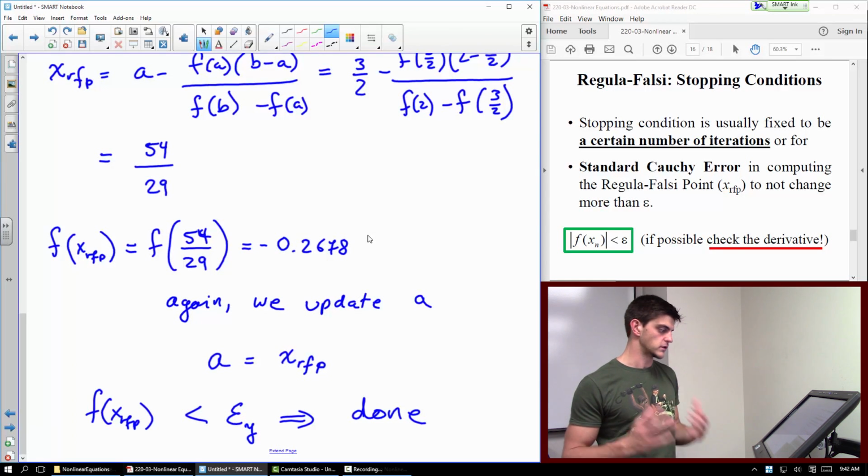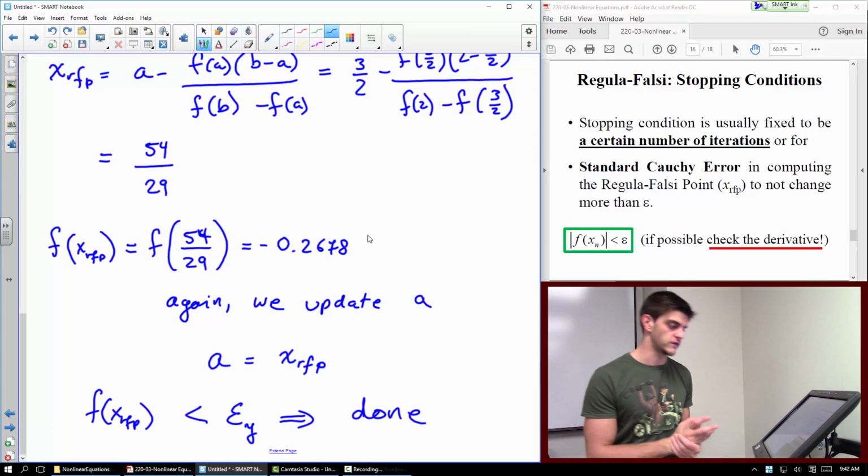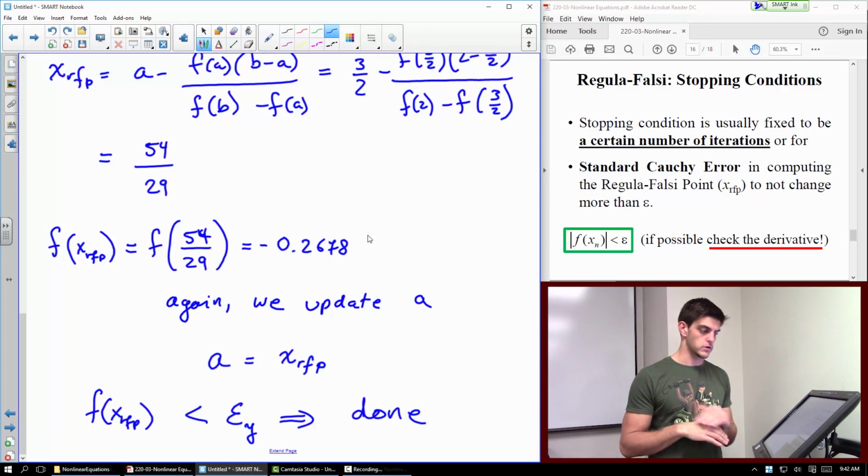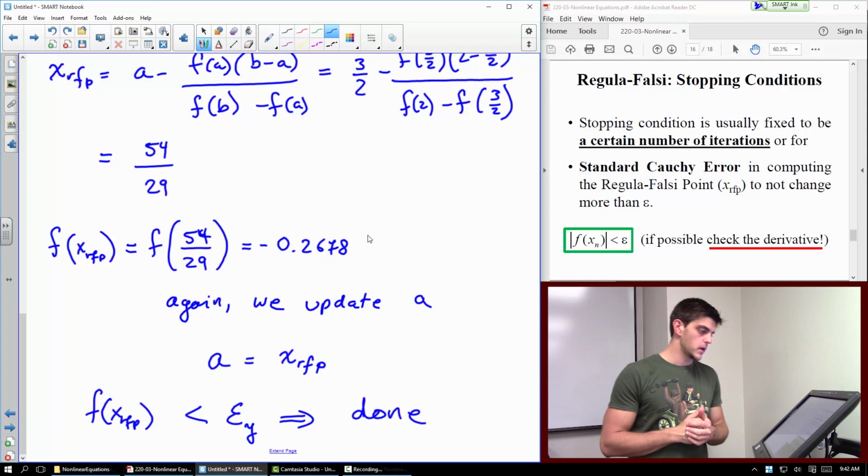Maybe there's a problem in your code, maybe the function isn't defined properly, but for whatever reason, your code hasn't done what you expected it to do in the number of steps that you think it should take, so you're going to end it there. Should have been done by now, but it isn't.